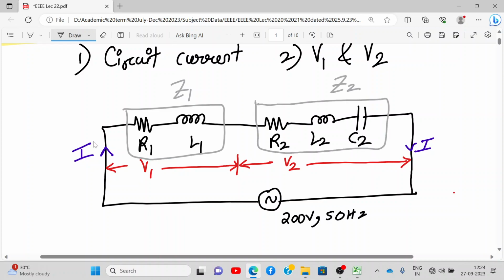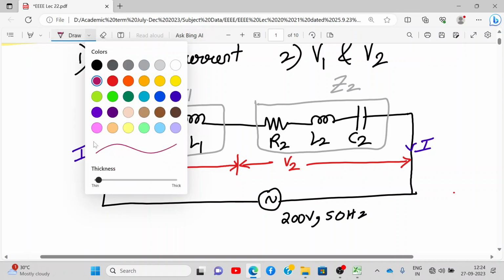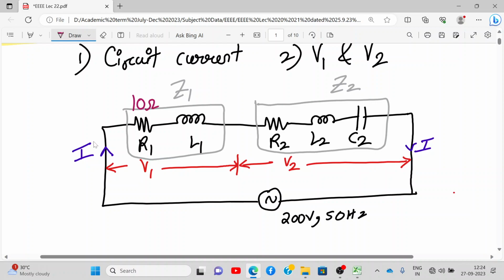This is Z2, the impedance, RLC again. And the values are also given. The value of R1 is 10 ohms. The value of L1 is 0.05 Henry. The value of R2 is 20 ohms, L2 is 0.1 Henry, and C2 value is 50 microfarad.